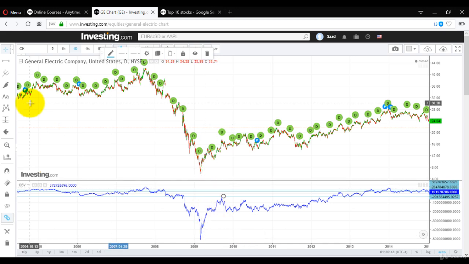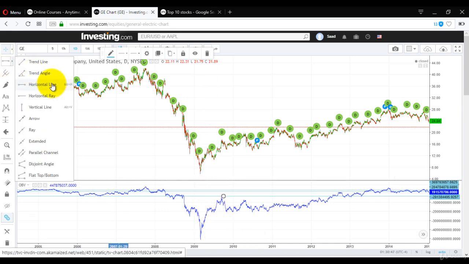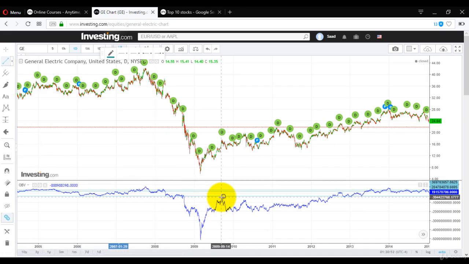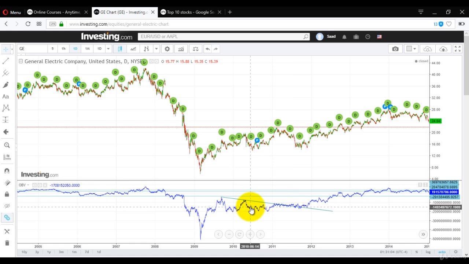Another thing is divergence. From this high, it's going lower. So when it went lower right here, you knew it's not going up. So rather than buying shares in it, it was a lost cause.